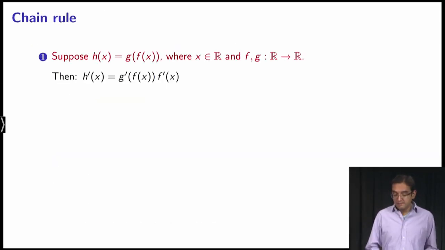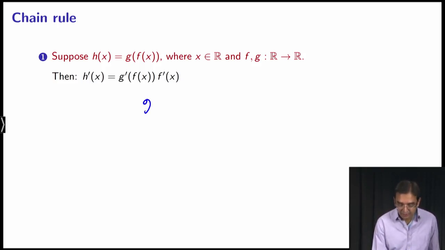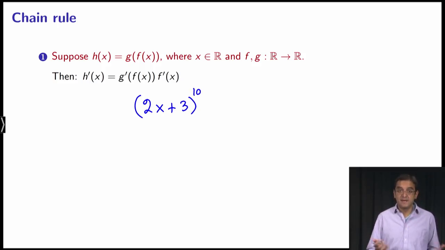Here is the chain rule of calculus, written out in full mathematical notation. But actually, this is a rule that we've been using all along in order to compute derivatives. For example, suppose I ask you to compute the derivative of (2x+3)^10. What is that?